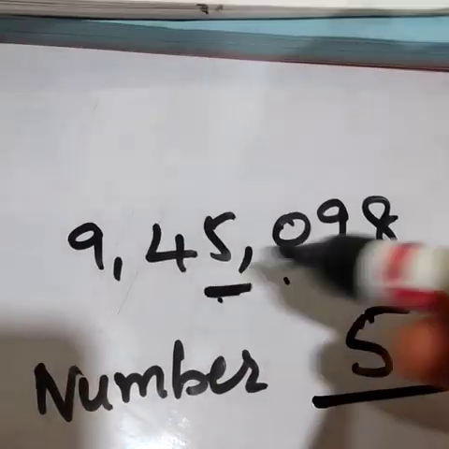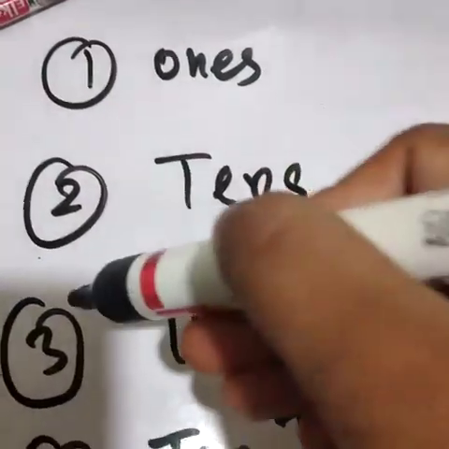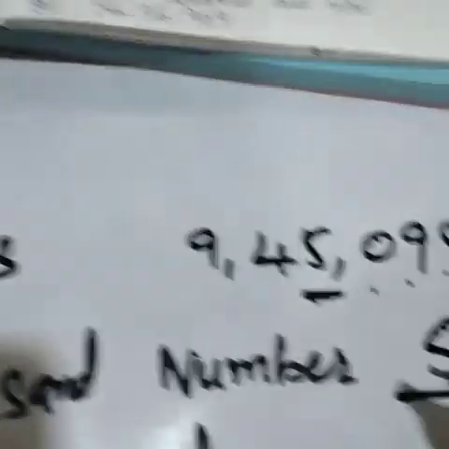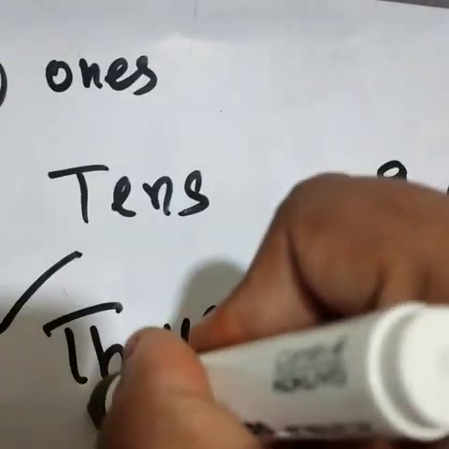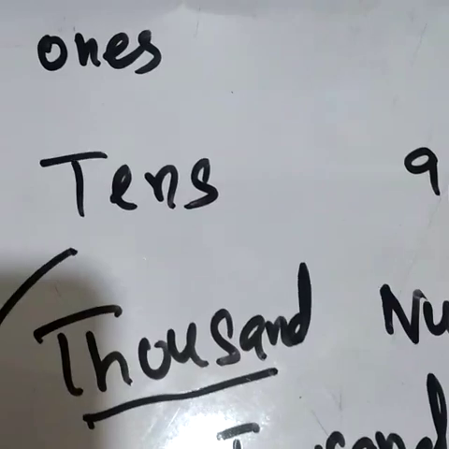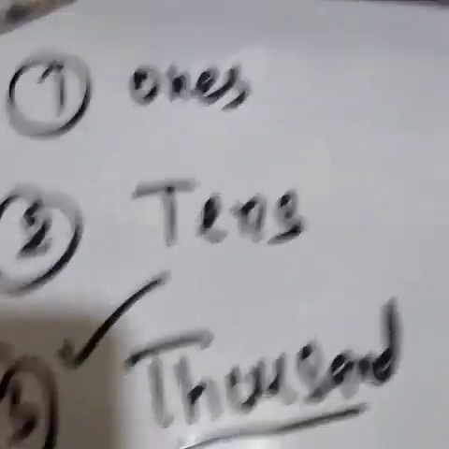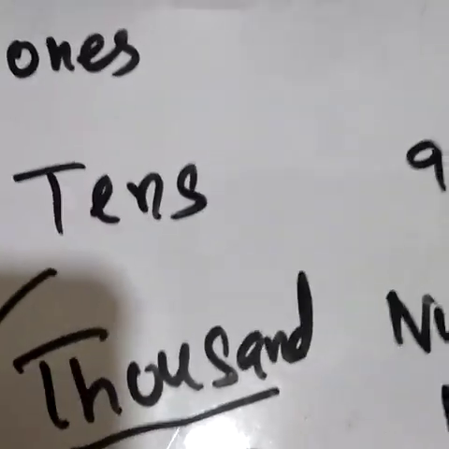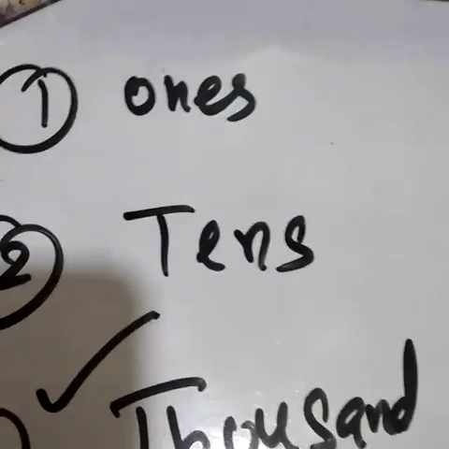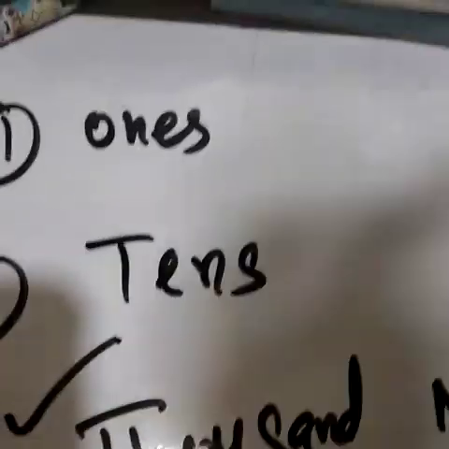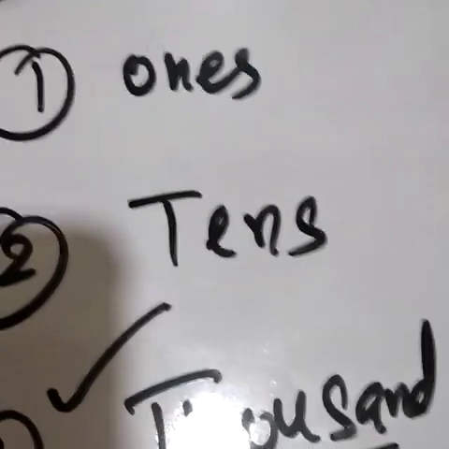At which position is 5? Ones, tens, 100, 1000. Which is the correct one? 1000. The place value of 5 is 1000. So you have to tick the option like this. Okay, understood? Yes.